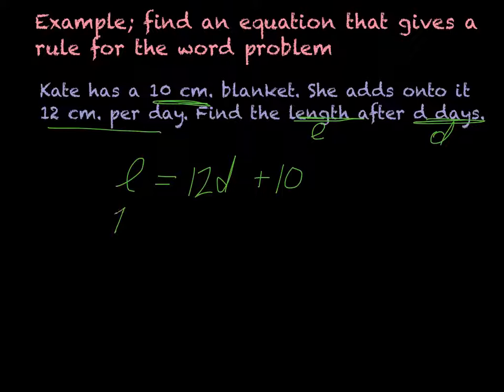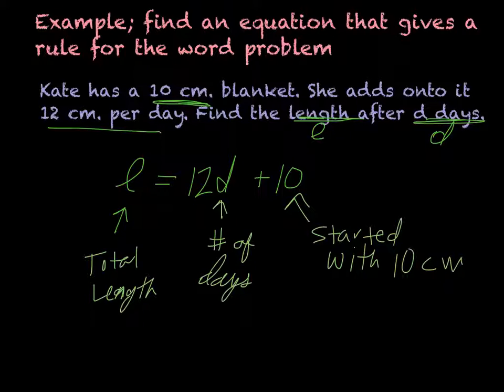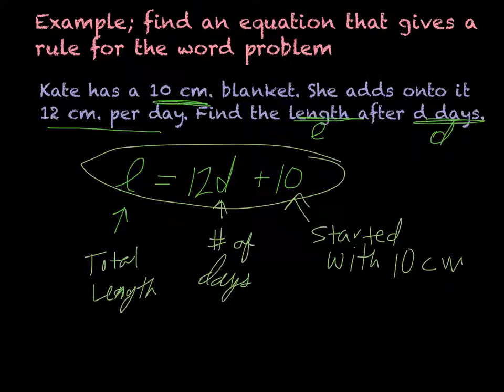Okay, so our total length is going to be 12 times the number of days and then plus the starting point. So that is how we get that equation, and that would be your final answer. L equals 12d plus 10.